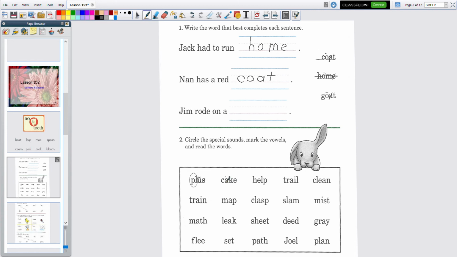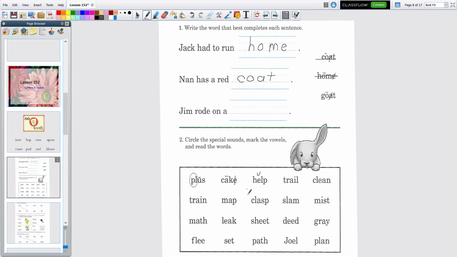This one does not, so we just mark the vowels. Okay? And it says cake. Let's go to the next one. Does it have a special sound? That kind of looks like one, because P and L together is a special sound, but L and P isn't. So the L is first, so that's not a special sound. So we do have a vowel.